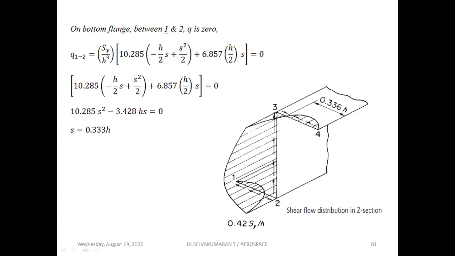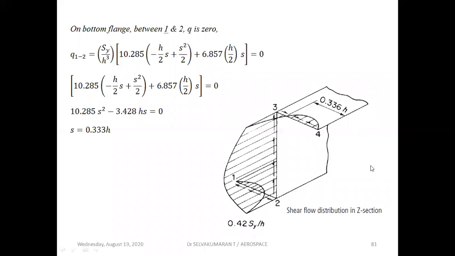And if you look at this area, I can split this web 2-3 shear flow diagram into one rectangle and one parabola. The area of this rectangle plus the area of this parabola will be equal to SY, because SY is the external load applied.